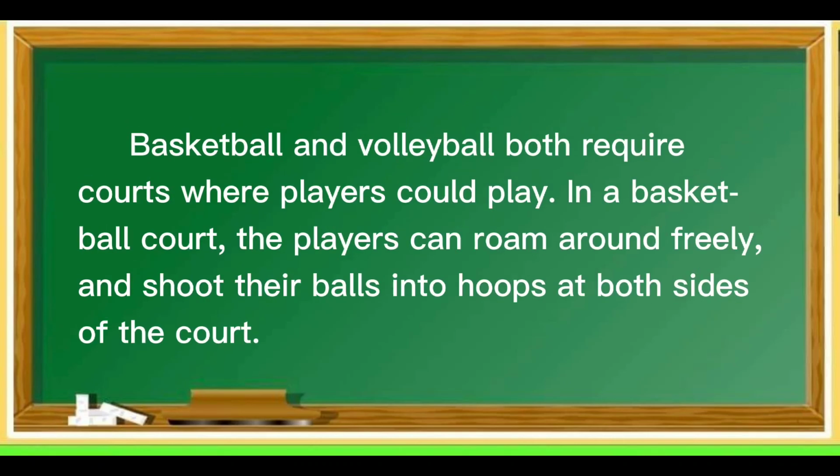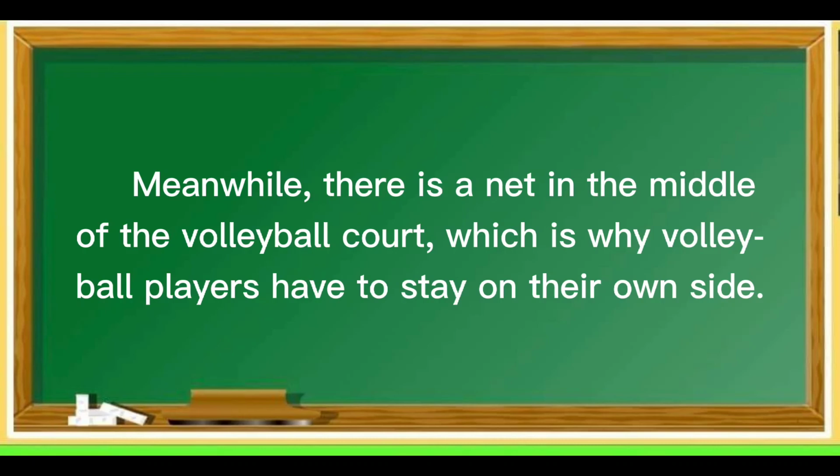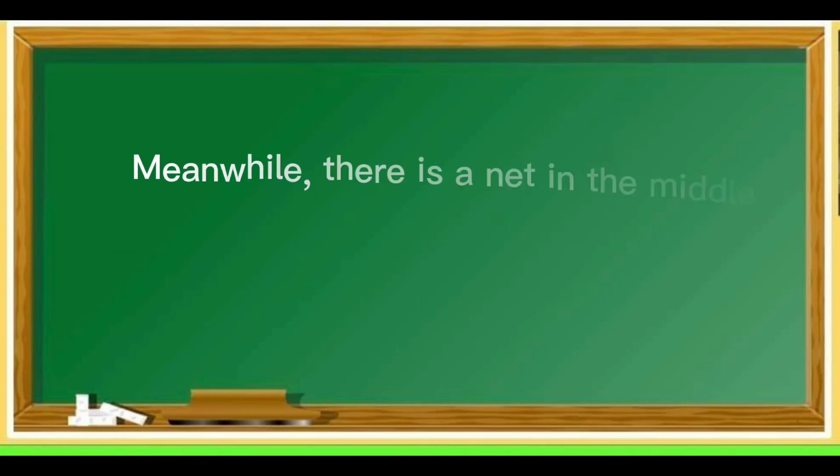Basketball and volleyball both require courts where players could play. In a basketball court, the players can roam around freely, and they shoot their balls into hoops at both sides of the court. Meanwhile, there is a net in the middle of a volleyball court, which is why volleyball players have to stay on their own side.